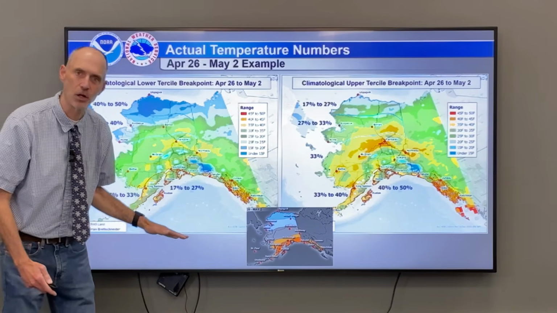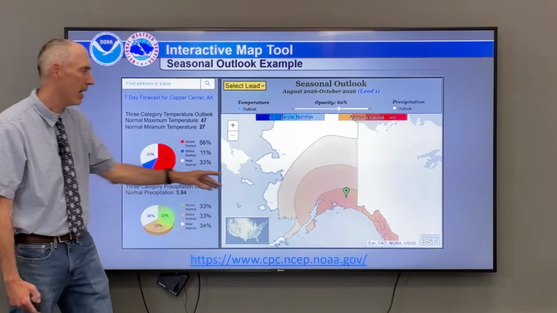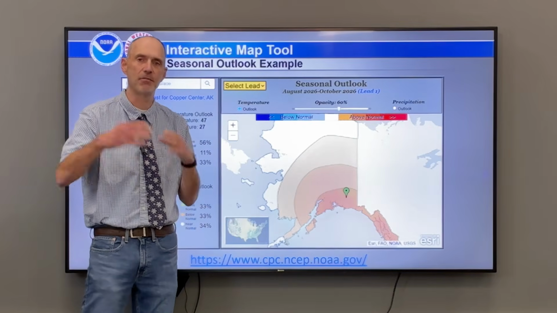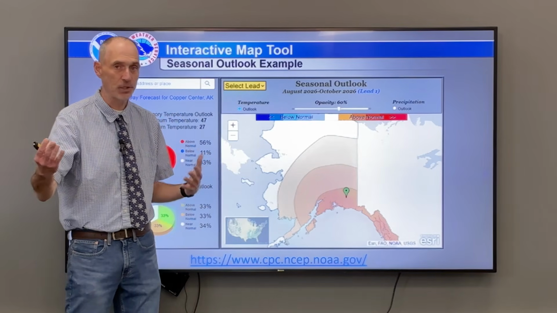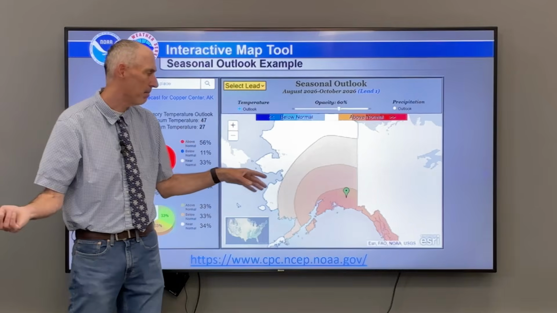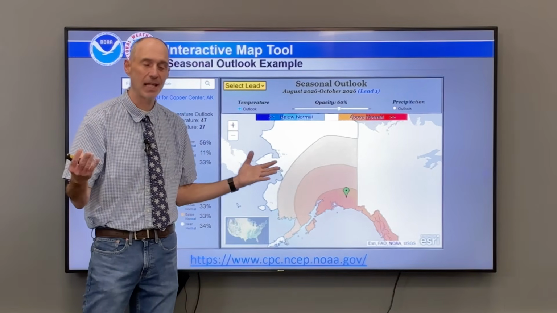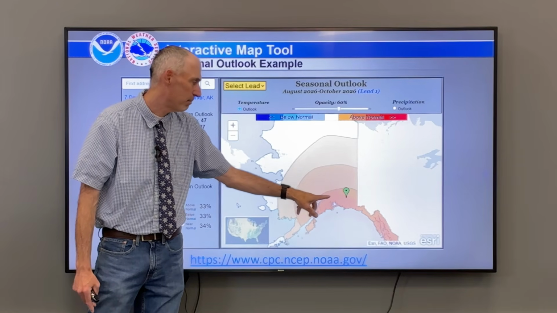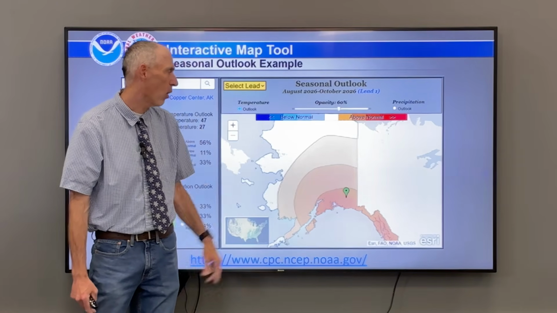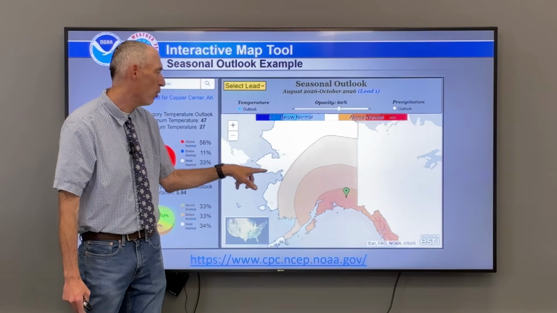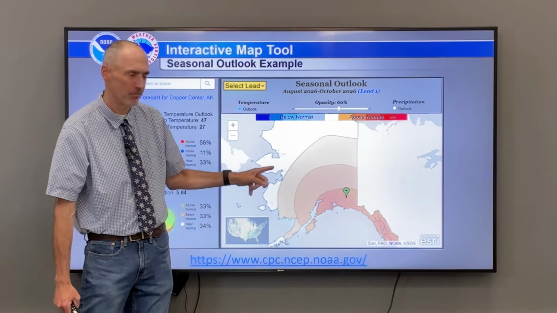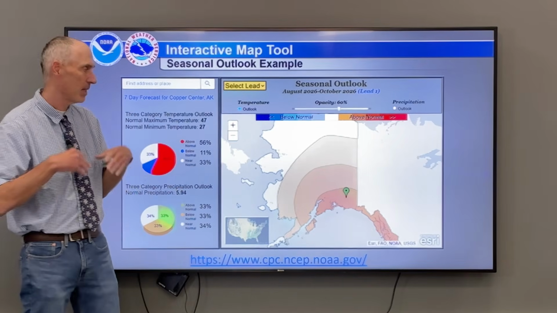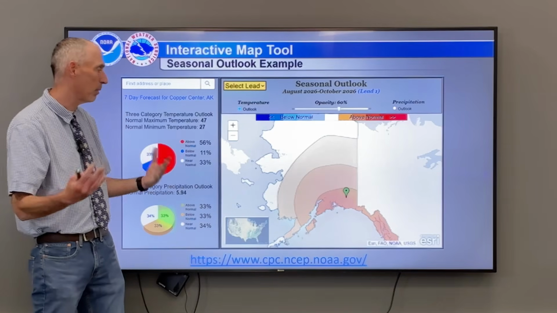It varies widely across locations, but even two locations that are very near each other that might have vastly different normal temperatures, say because of elevation, it's exceedingly likely that if Anchorage is above normal, Chickaloon's also going to be above normal. Or if Nome is going to be below normal, that White Mountain will also be below normal. So even if their normals are different, we think of these in anomaly space, they would probably be in the same category.